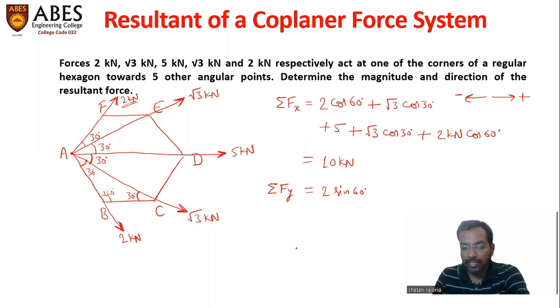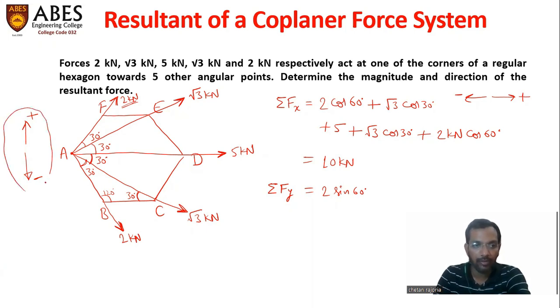In the calculation of vertical components, we are considering this sign convention: upward forces we are taking as positive and downward forces we are taking as negative. So this is the sign convention we are going to follow in writing this expression.